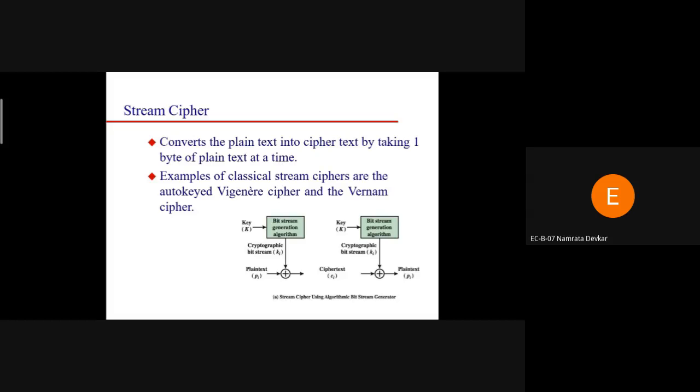So sometimes we can transmit 4 bits at a time, sometimes 8 bits at a time. So it depends on the input message how we transmit the information from the plain text to the ciphertext.